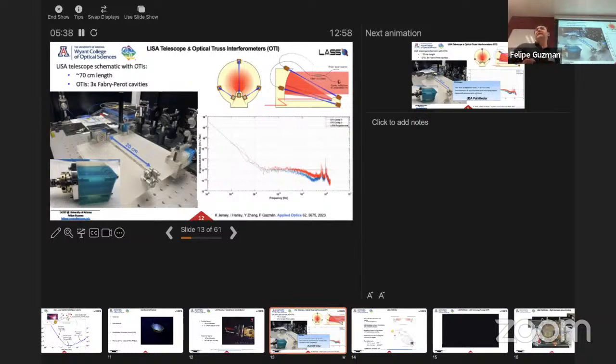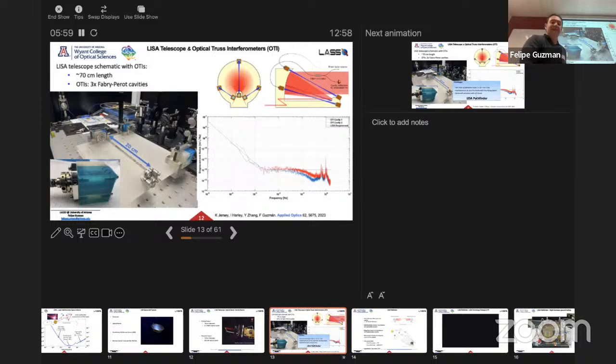Now, the distortions that you would expect are very similar to the telescope. It could also potentially be that temperature changes will affect the little optics that are inside, and that will change the mode that is resonant to the cavity. But actually, we've found that our design is surprisingly resilient.